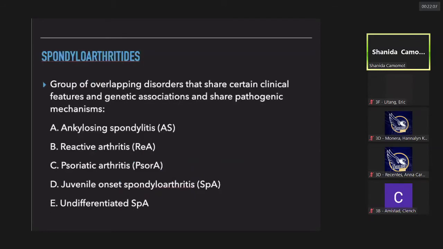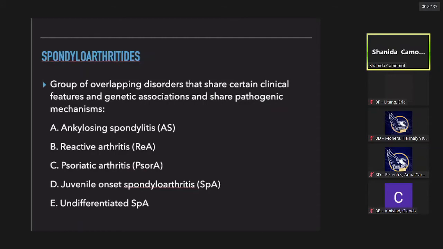So spondyloarthritis is a group of overlapping disorders that share certain clinical features and genetic associations and share pathogenic mechanisms. So what are these spondyloarthritis? We have ankylosing spondylitis, reactive arthritis, psoriatic arthritis, juvenile onset spondyloarthritis, and undifferentiated spondyloarthritis.